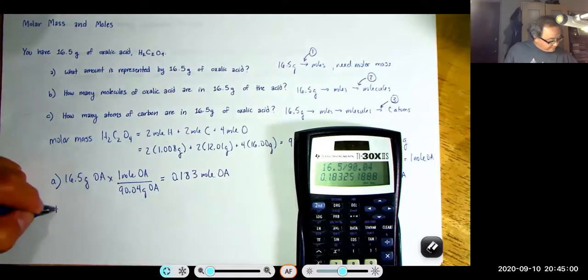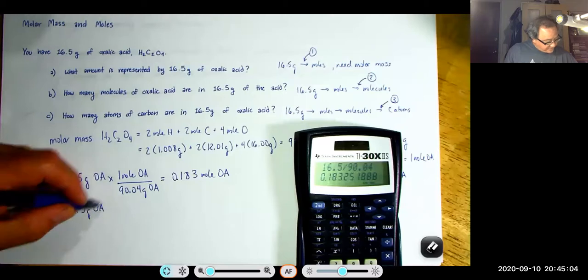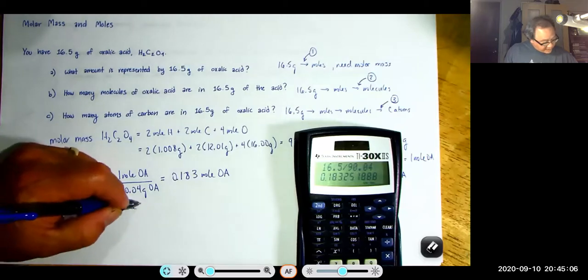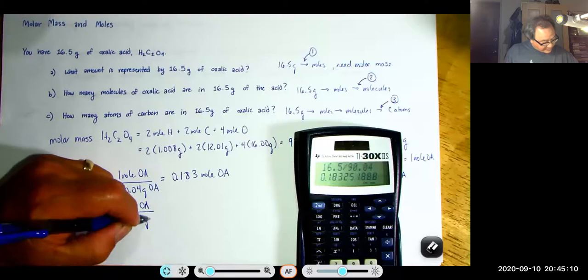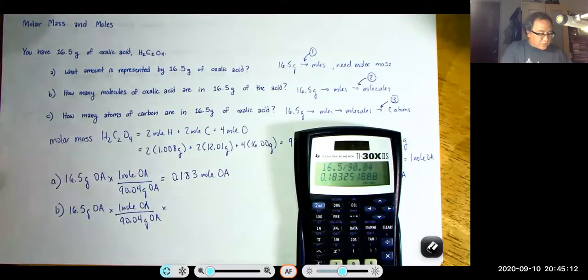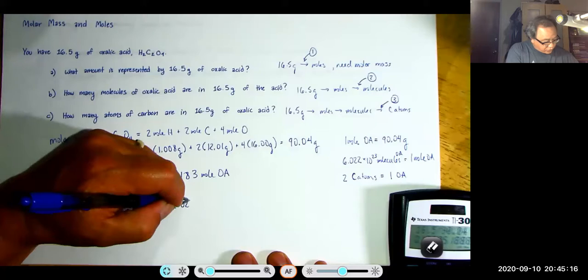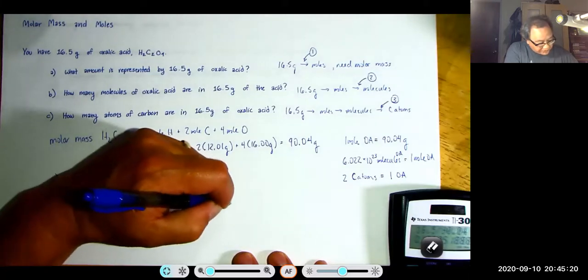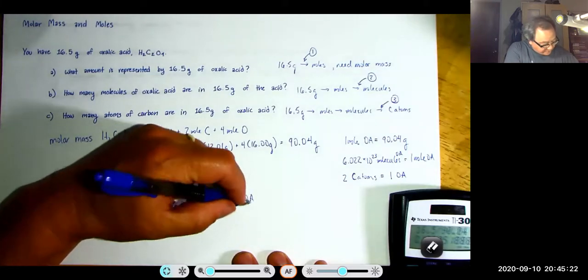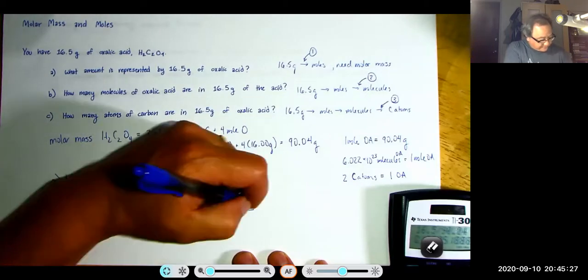For B, we have 16.5 grams of oxalic acid times 1 mole of oxalic acid per 90.04 grams of oxalic acid. And then we're going to convert it into molecules. So there's 6.022 times 10 to the 23rd molecules of oxalic acid per 1 mole of oxalic acid.